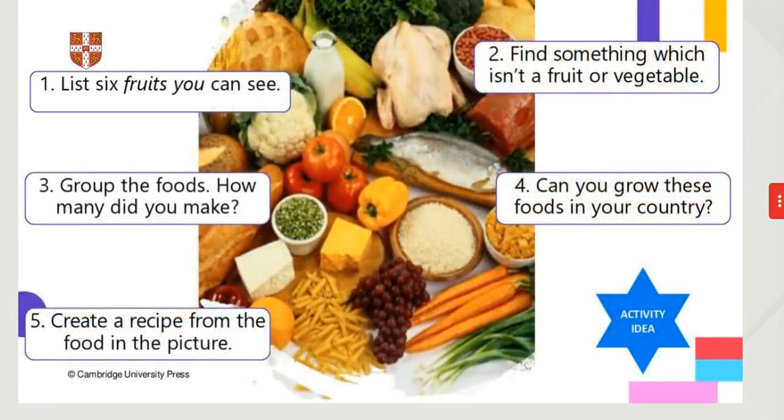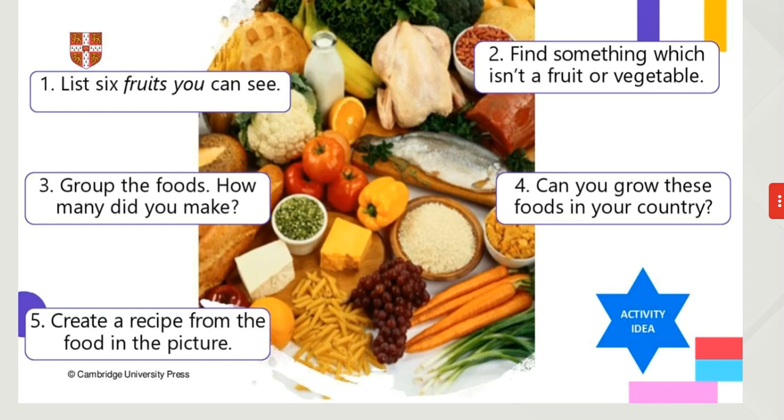Here I've created 5 tasks from this one image. So the first one, listing 6 fruits you can see, and then moves up to finding something which isn't a fruit or a vegetable. Number 3, group the foods. How many did you make?